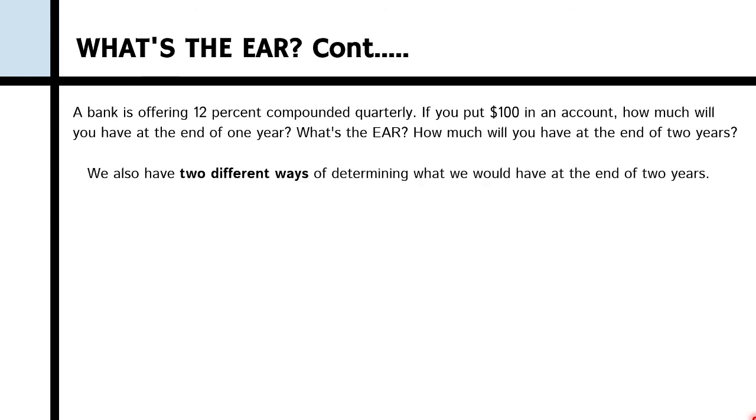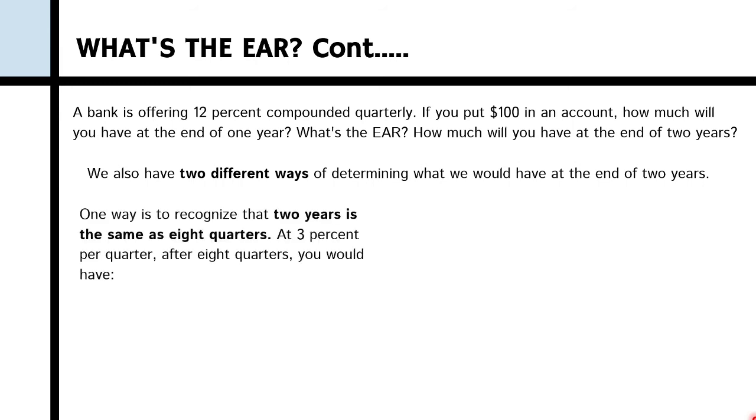We also have two different ways to determine what we would have at the end of 2 years. One way is to recognize that 2 years is the same as 8 quarters. At 3% per quarter after 8 quarters, you would have $100 times 1.03 raised to 8, that is $126.68.